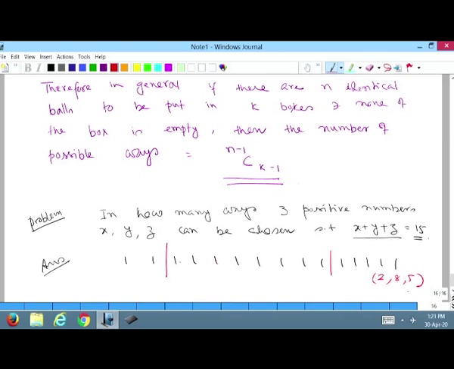So, one possible way of arranging them is x is equal to 2, y is equal to 8 and z is equal to 5, and therefore, the possible ways is 14 C 2, and you can understand how we got this number.